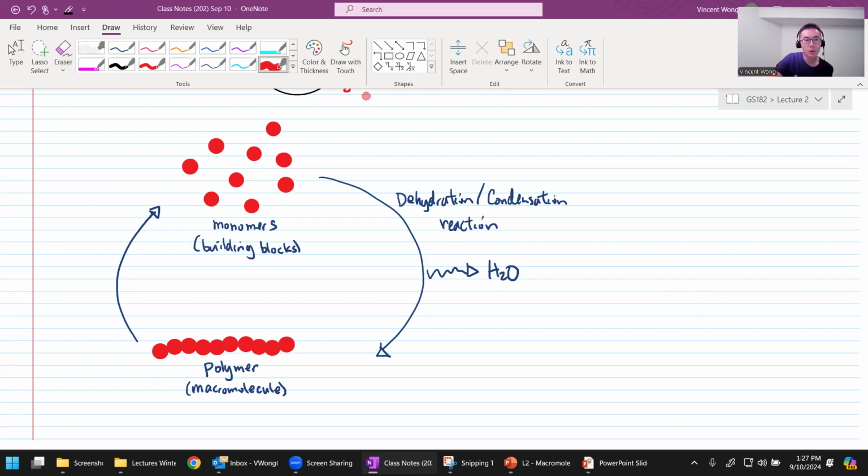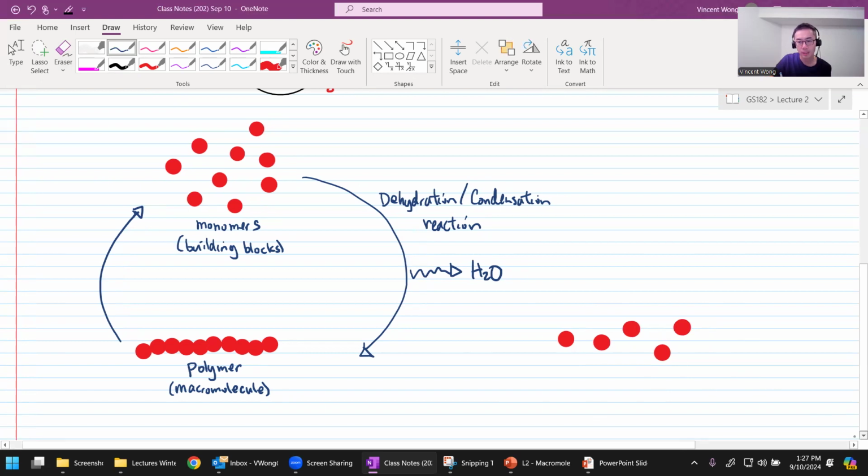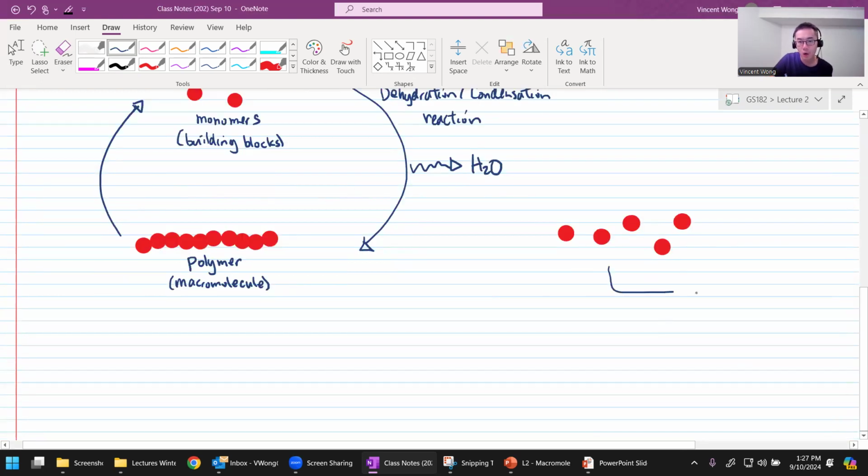So let's take a closer look at this. Let's say I have 5 of these monomers, and I want to join all of them together. 1, 2, 3, 4, 5. In order to do that, how many water molecules do we need to remove?